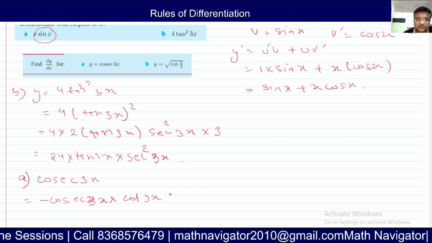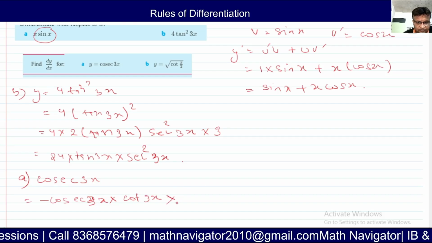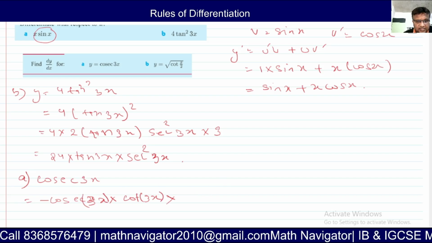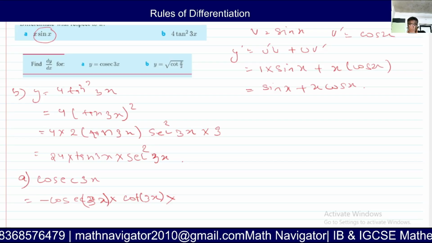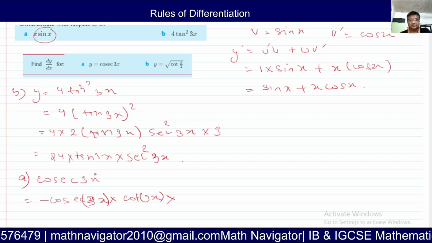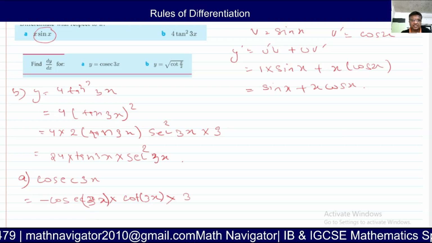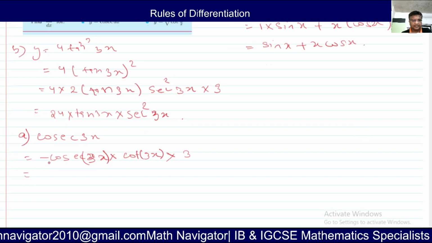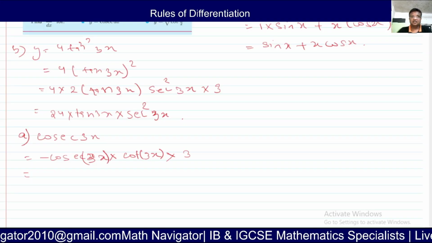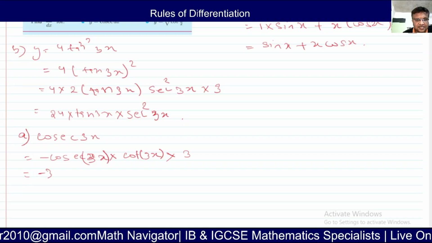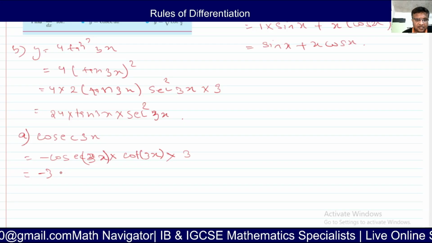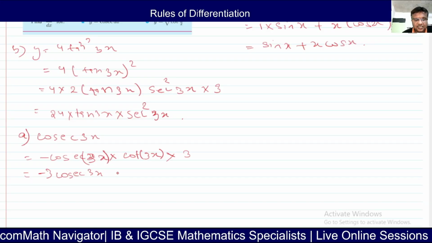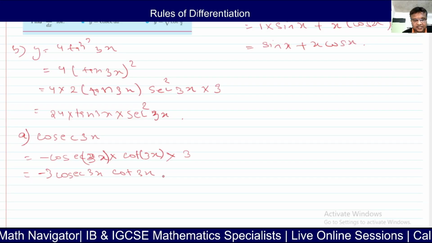Then you have to differentiate 3x, which is 3. My answer will become minus 3 cosec 3x times cot 3x. Is that clear?